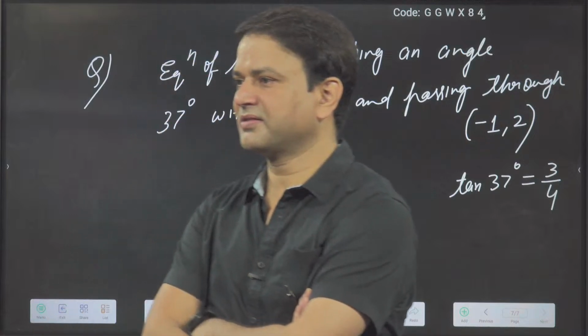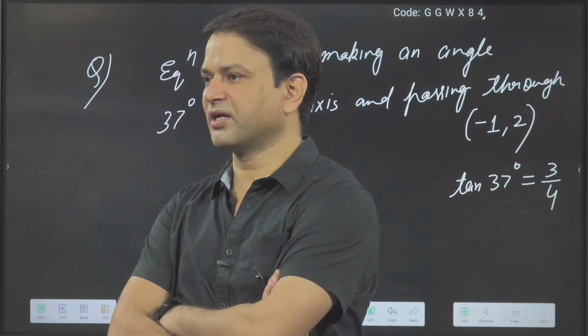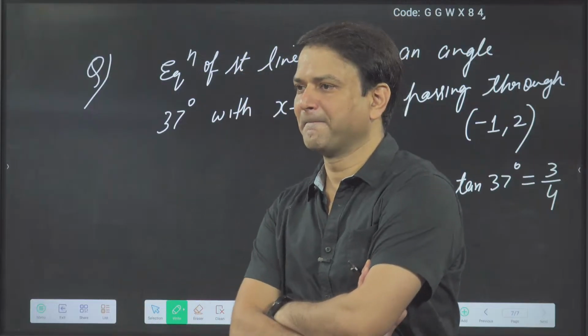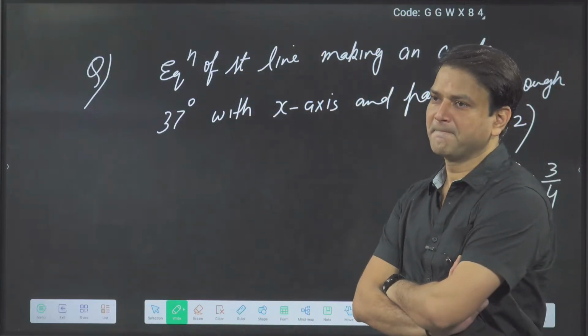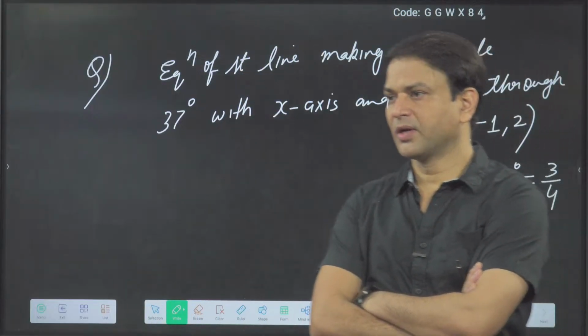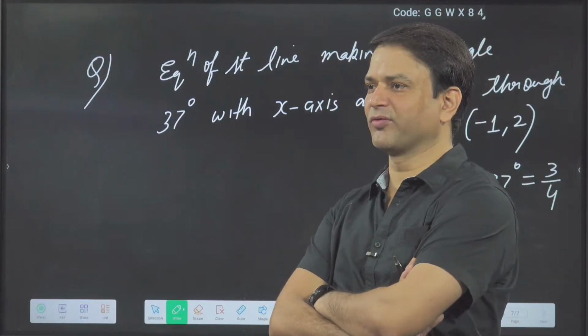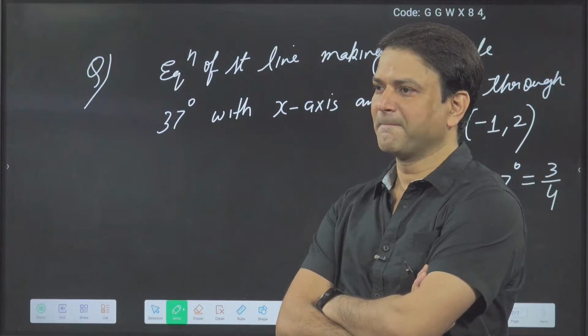Three x minus 4y plus 9 is equal to 0. Okay, one answer I got. Same. Okay, Charan. Okay, same. 3x minus 4y plus 9 is equal to 0.